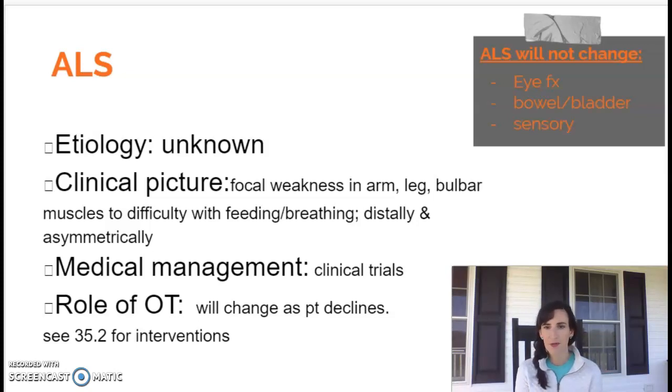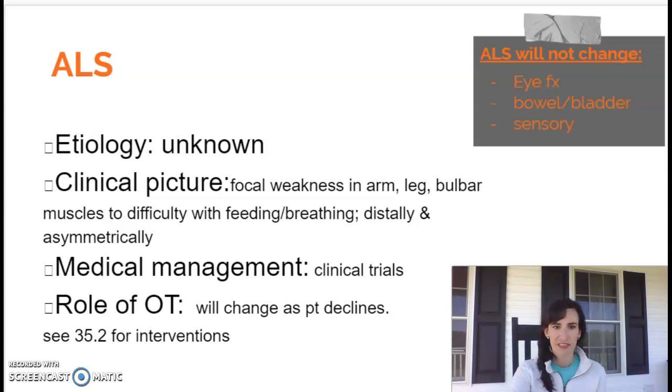Remember about the bulbar muscles, those are your lower cranial nerves, 7 through 12. That's kind of going to affect the face, the breathing. So we'll look into that more, but think about that. So maybe some trouble with the tongue, with the face. Swallowing is eventually going to be affected.